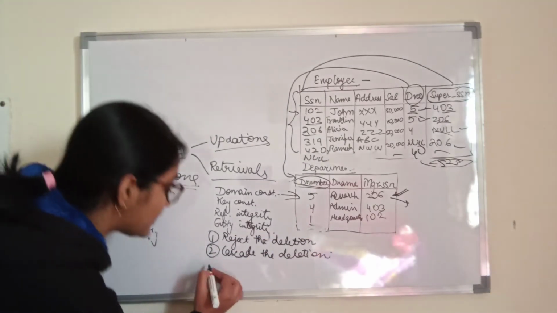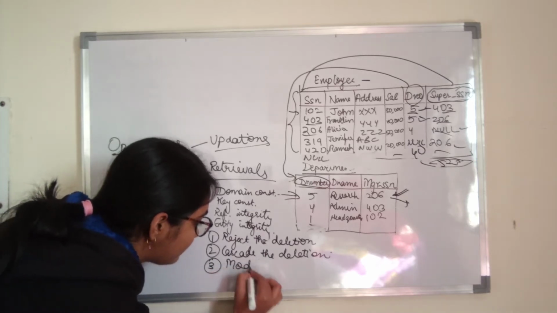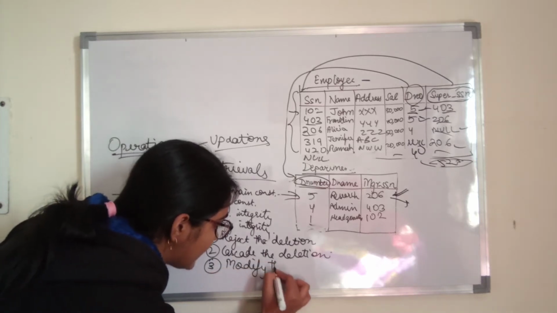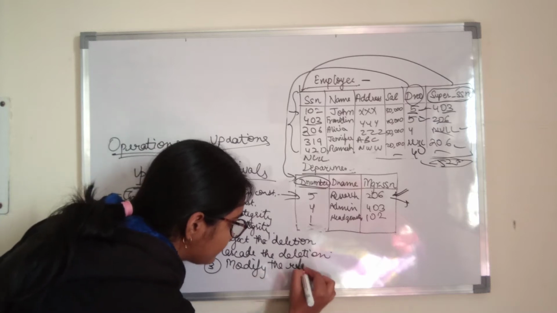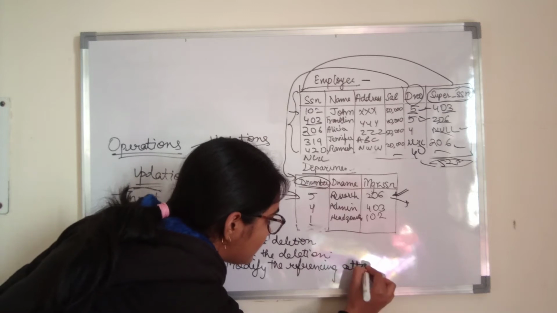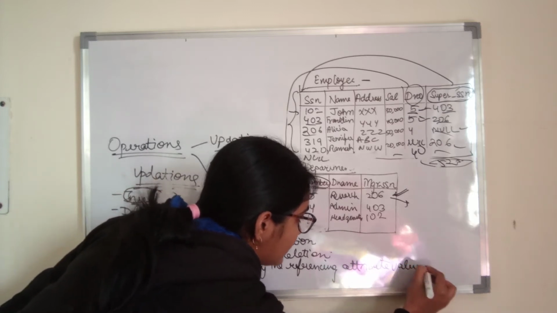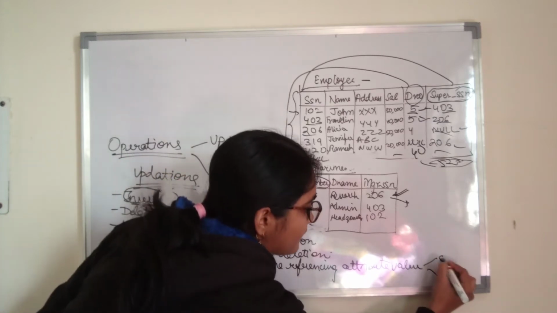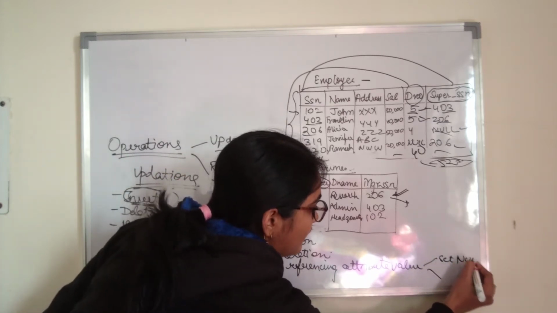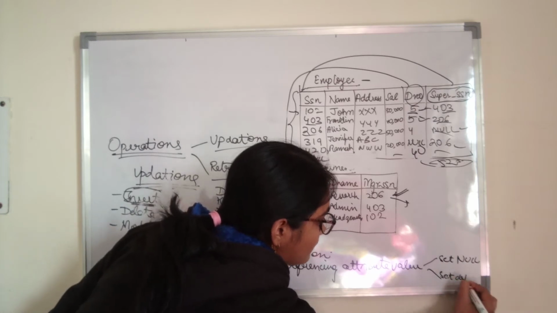Now the third option is to modify the referencing attribute value. In this option we have two choices: first is set null and the second is set default.